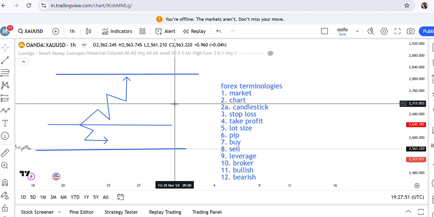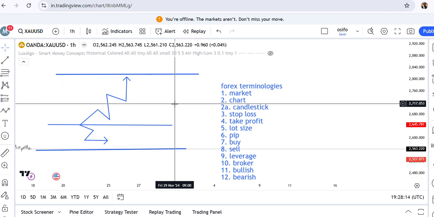So number five we're going to be talking about is lot size. Lot size is very important as we go on with risk management and how to calculate your lot size. We have a calculator to calculate your lot size. Lot size, as the name implies, means that you are setting a particular amount aside from your account.